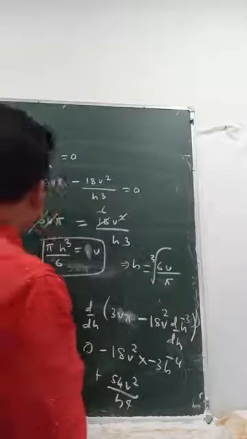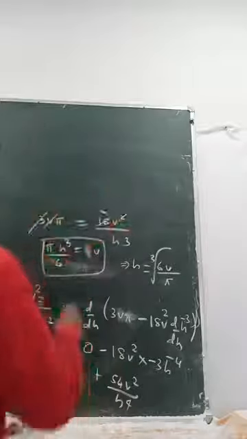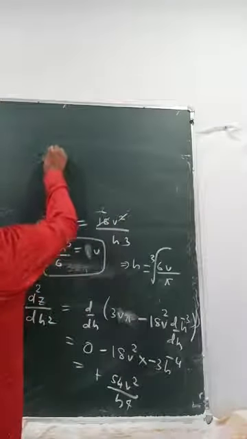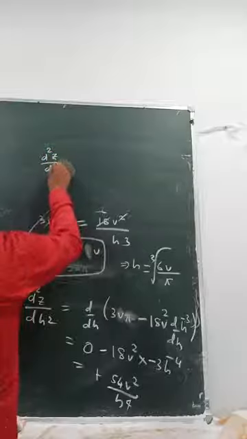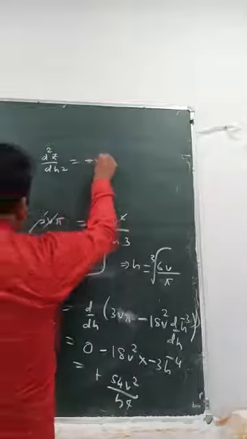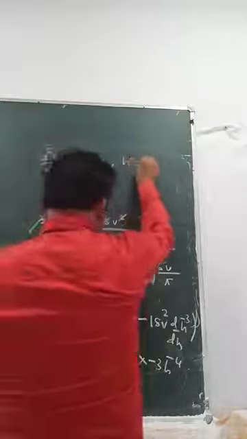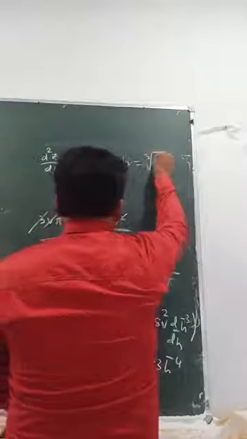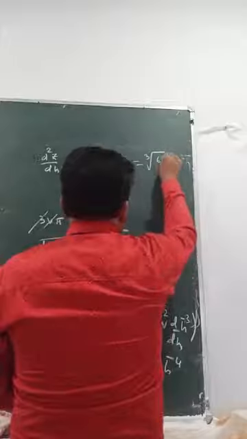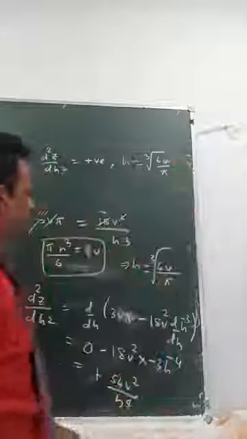Only I have shown here positive, only this value you write here. So d square z by dh square is positive, because this is positive, where h equals to cube root of 6v by pi. That's what you have tried.